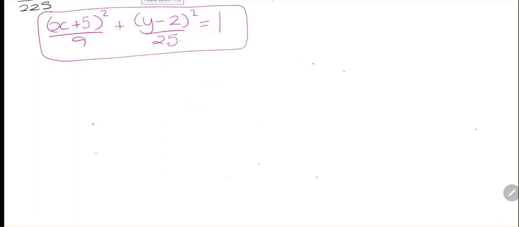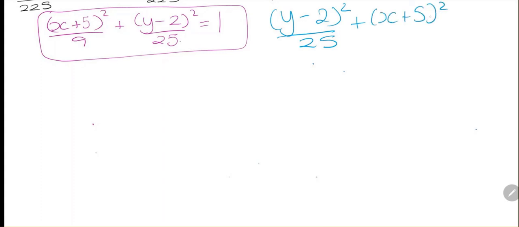Okay, so if we look at our equation, we can see that the y value is going to be the larger of the values because that's 5 squared, and the 9, that's going to be 3 squared. So we're going to rewrite the equation as y minus 2 squared over 25 plus x plus 5 squared over 9 is equal to 1.